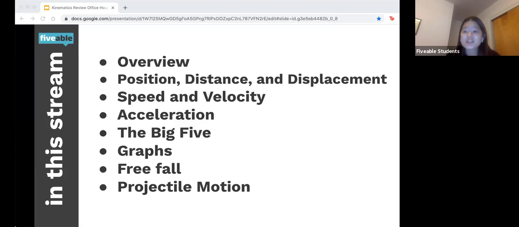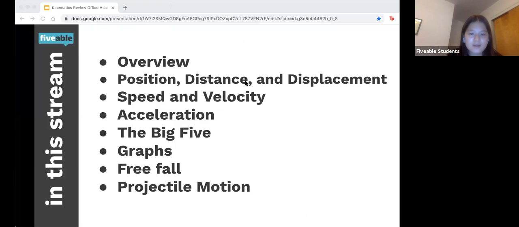Then we're going to go into acceleration. The big five, we're going to talk about the big 5 equations. Graphs, because that's a whole other ball game, I guess you could say. I'm going to go over the different graphs, because using these terms, we're going to go in order. Then we're going to go over free fall. Then we're finally going to go over projectile motion. All right, I'm super excited.